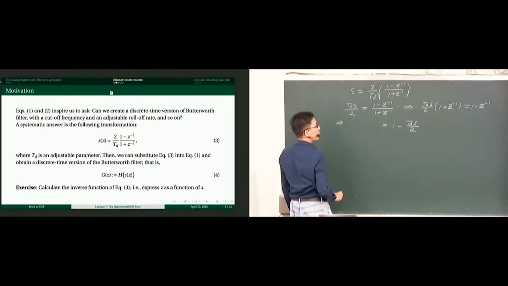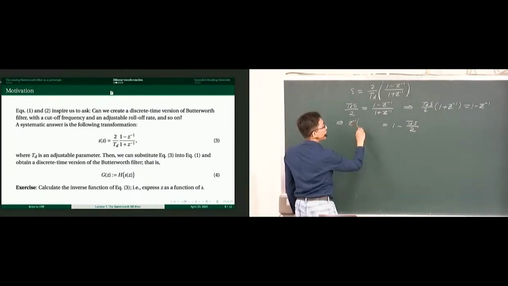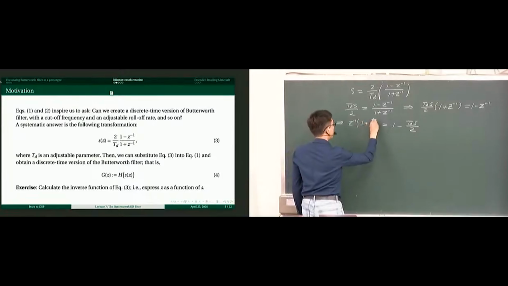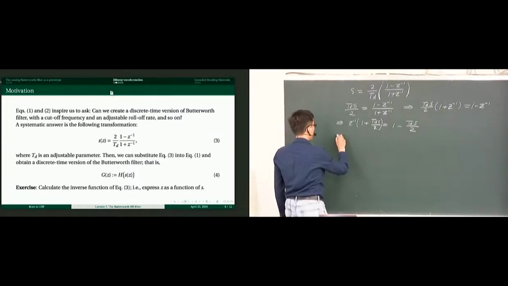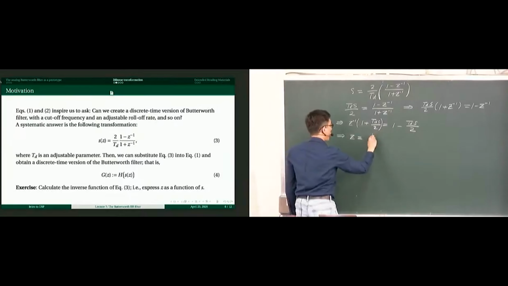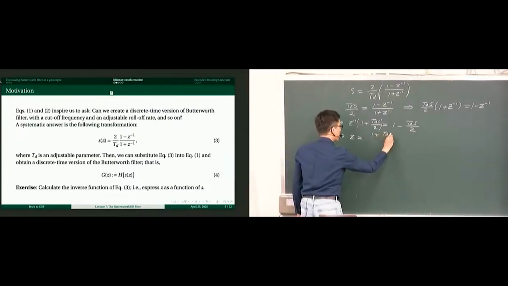On the left, we have Z inverse times 1 plus TDS divided by 2. So we are almost there. So therefore, Z is 1 plus TDS divided by 2, divided by 1 minus the same thing.